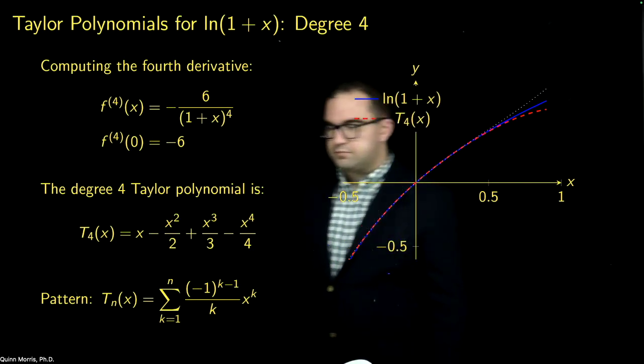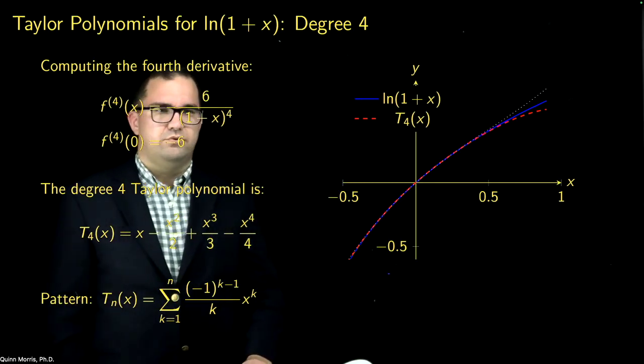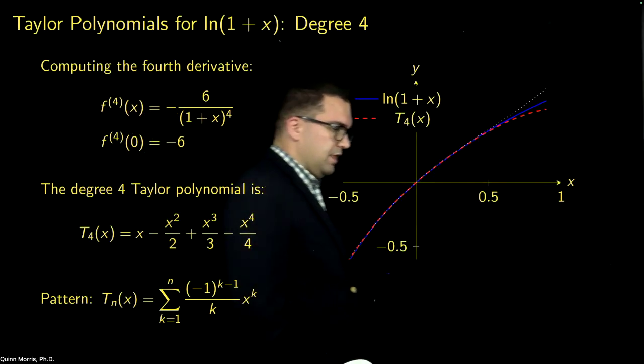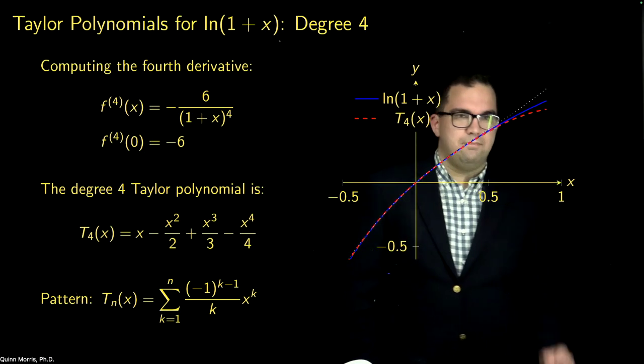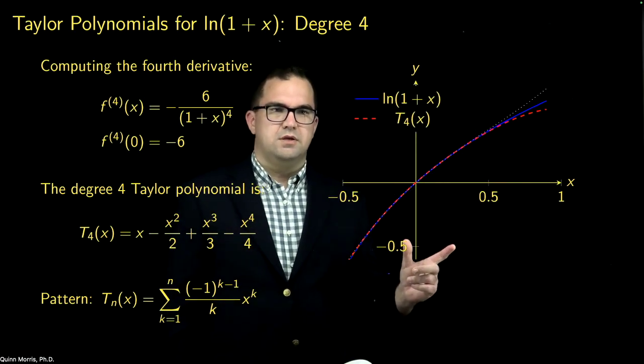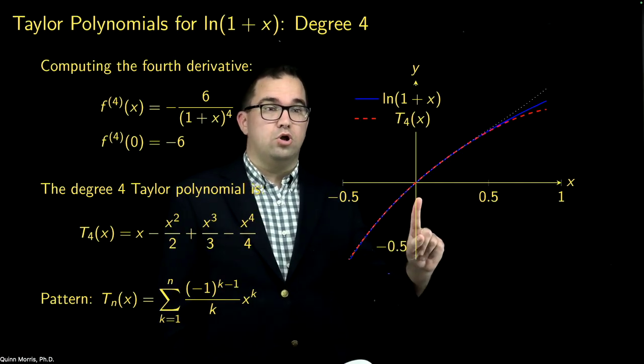Now, it turns out that if you take this Taylor approximation, it becomes a better and better approximation, but only up to a point. This approximation is designed to be a local approximation.